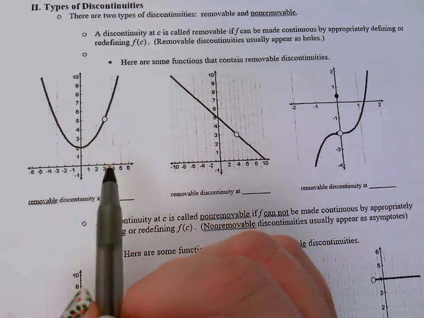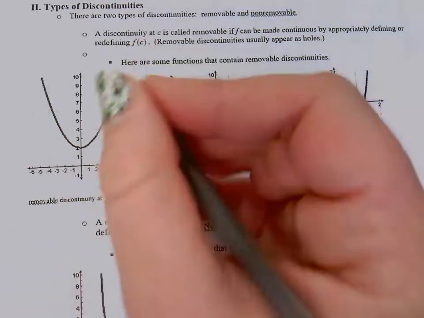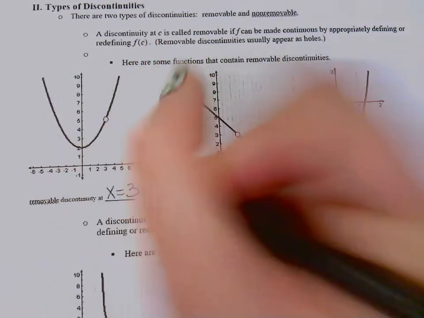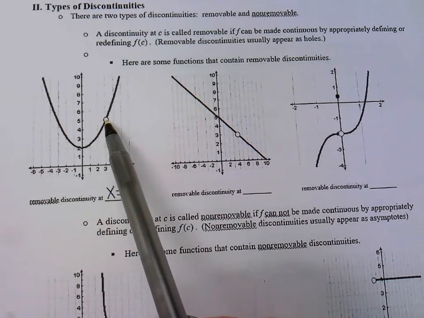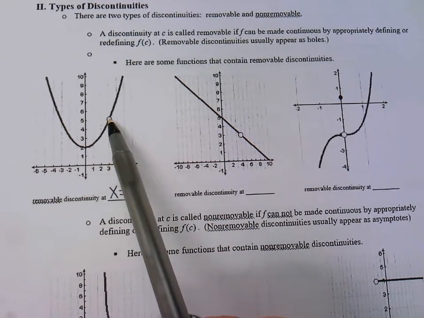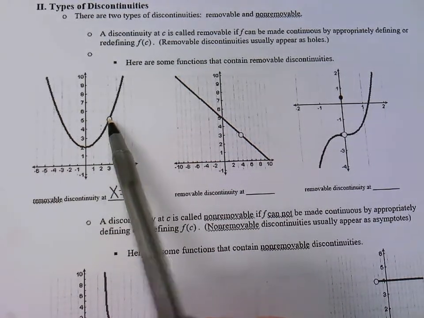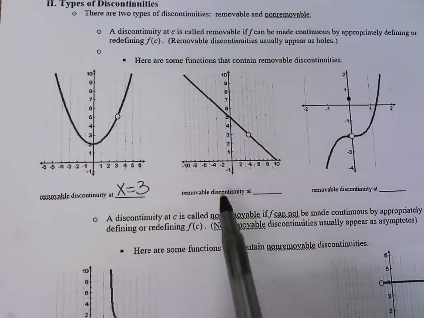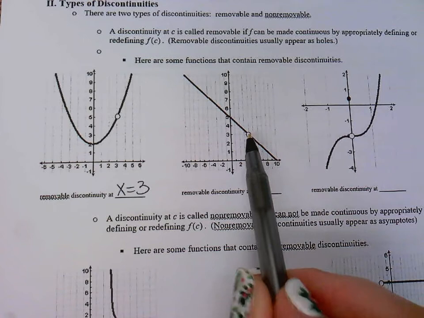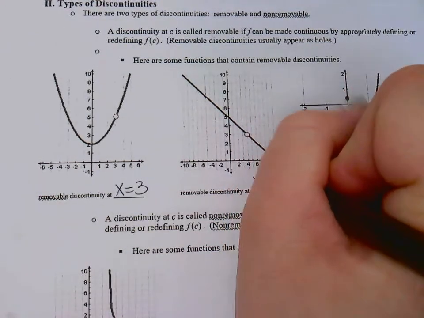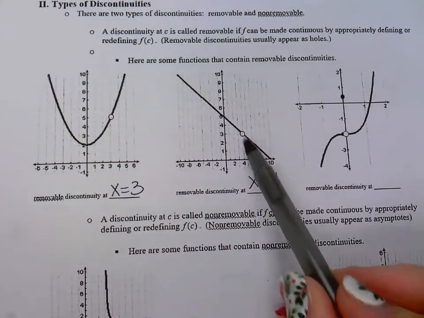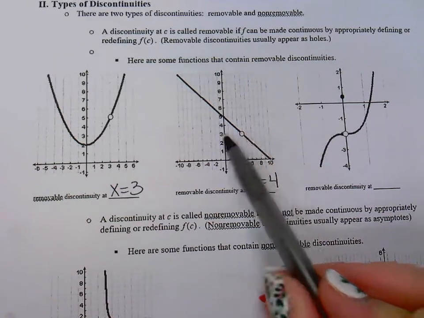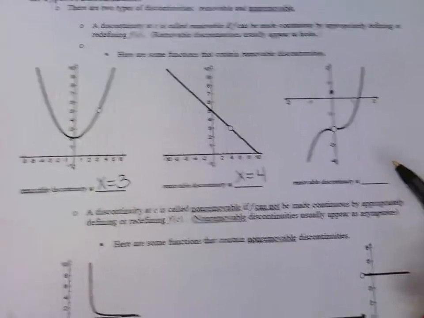It has a removable discontinuity at x equals 3 because all I have to do to fill in that hole is say that f of 3 has to be 5. So basically, holes are considered removable. This one has a removable discontinuity at x equals 4 because all I have to do is tell the person, oh, at 4, you just have to say f of 4 is 3, and you'd fill in that missing point.